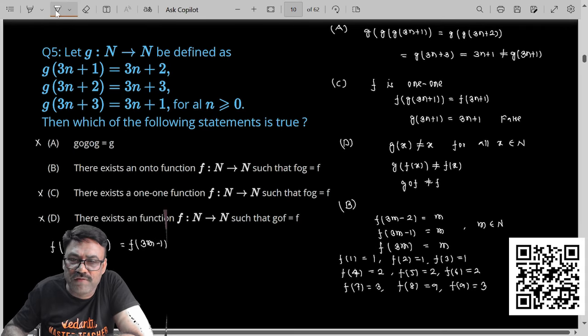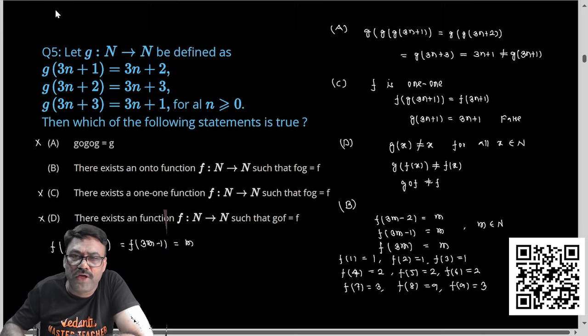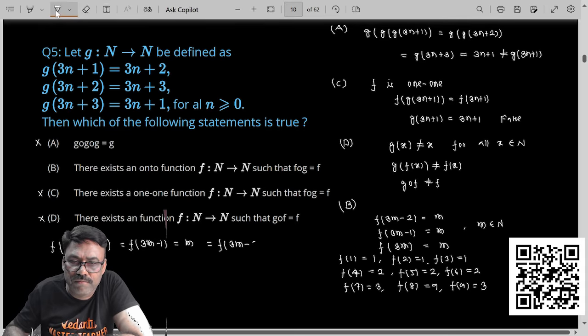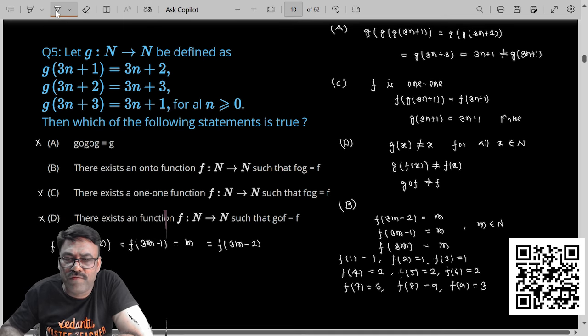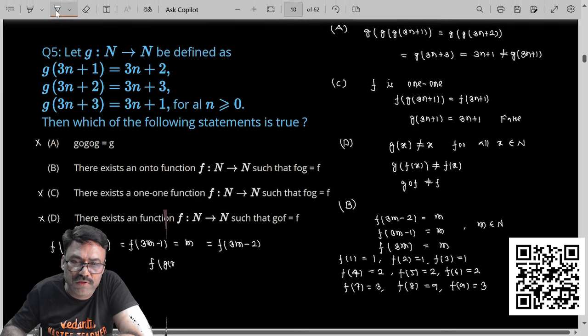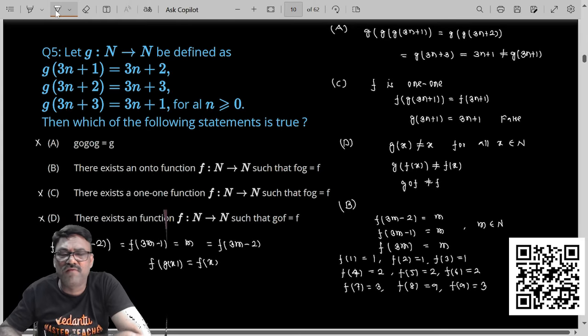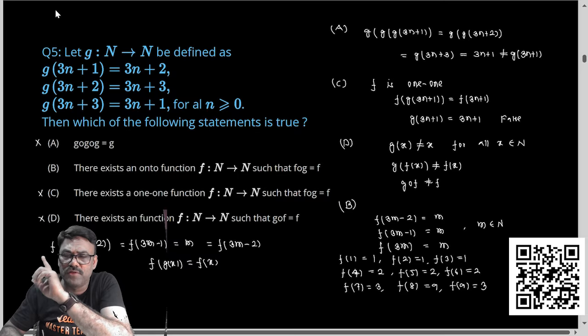And f of 3m minus 1 is m, which is equal to f of 3m minus 2 only. So you can see that f of g of x becomes f of x only. Whether you take x equal to 3m minus 2, 3m minus 1 or 3m, in every case you will get f of g of x equal to f of x only.